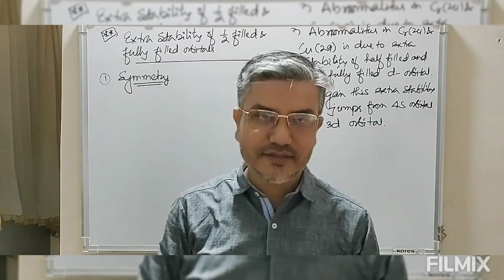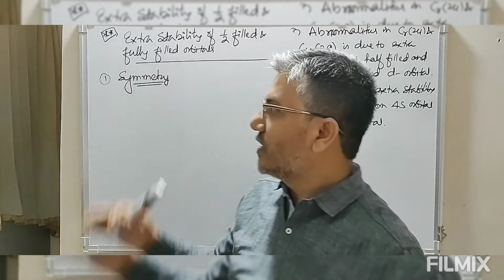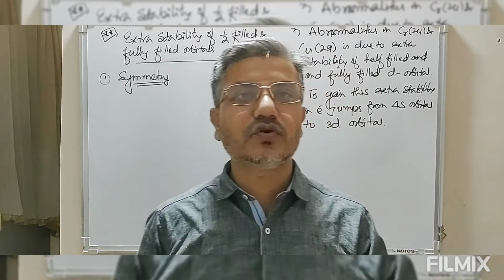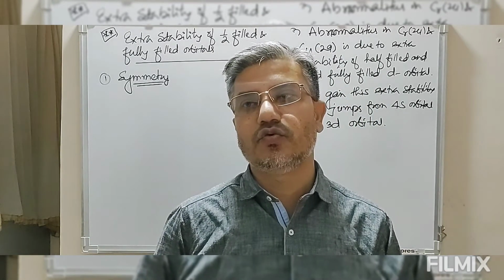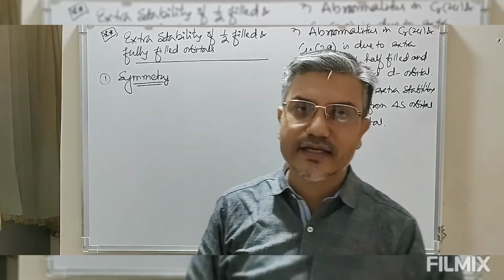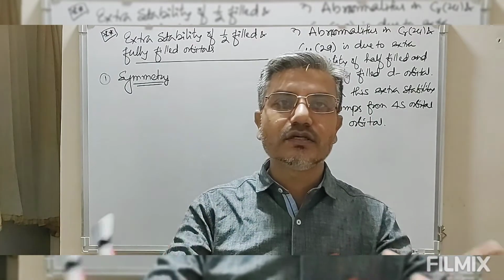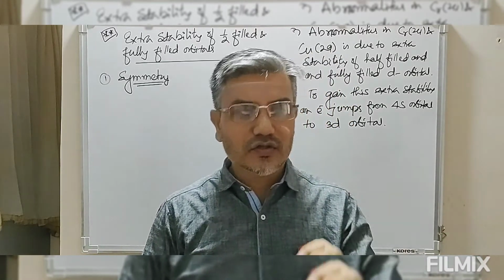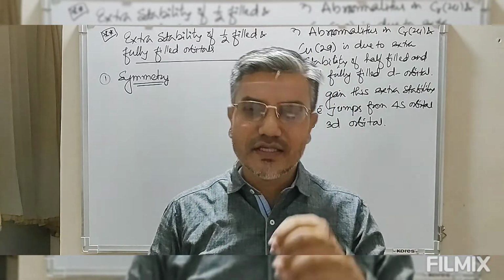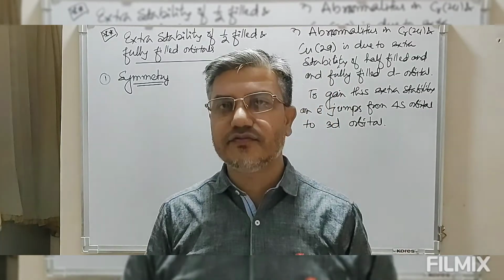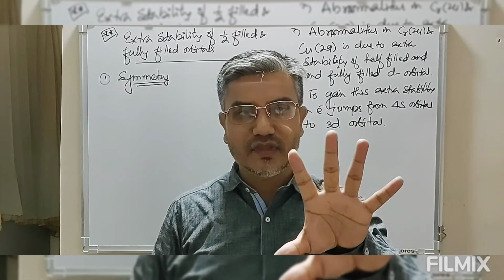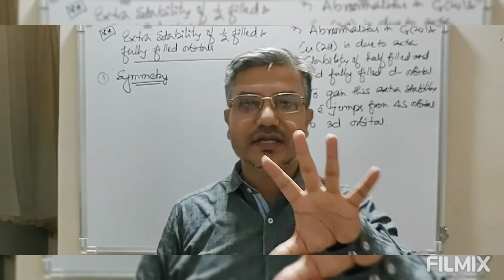In the same way, now we are dealing with electrons. Electrons are negatively charged, so there is a distribution of negative field around these orbitals. Now take the d subshell. We have 5 orbitals present in the d subshell.